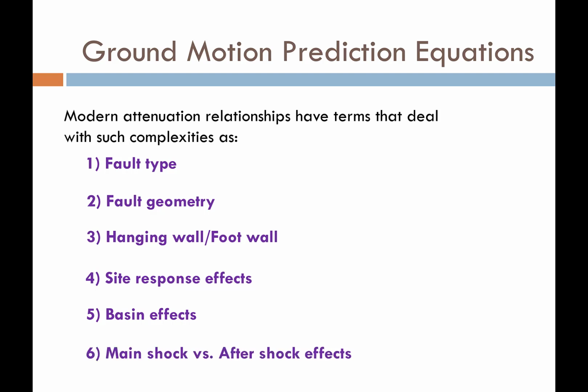They count whether you're dealing with the main shock of the earthquake or potential aftershocks, and other factors go into these equations. So these aren't just simple functions. These things are monsters, and they're very difficult to compute and use by hand. And so most engineers and seismologists today use computer programs that have these GMPEs programmed into them already.